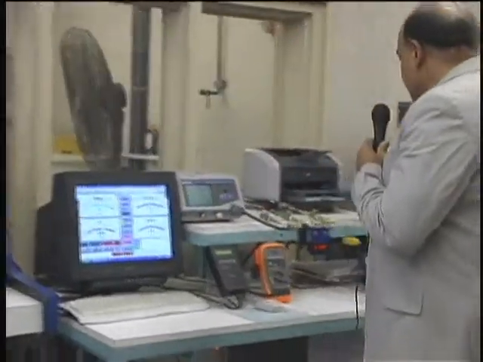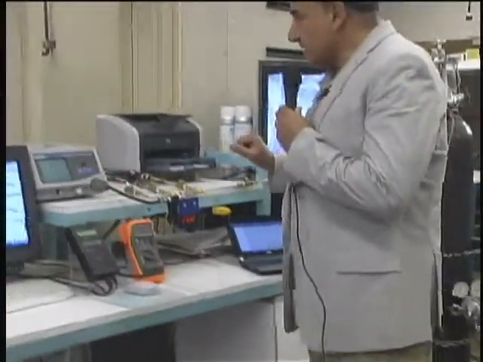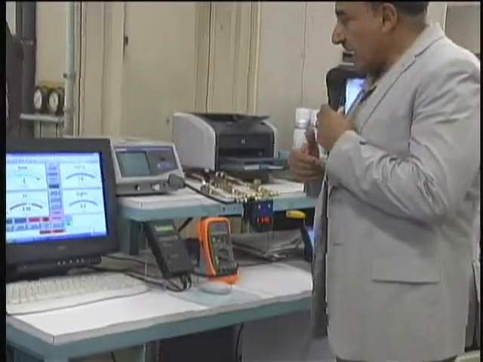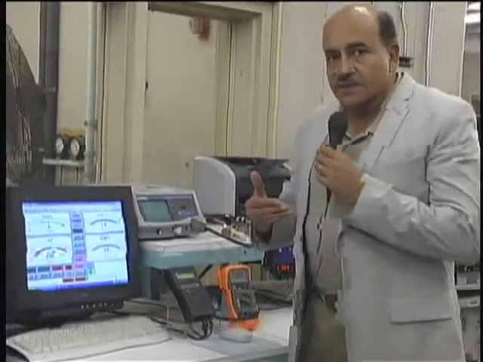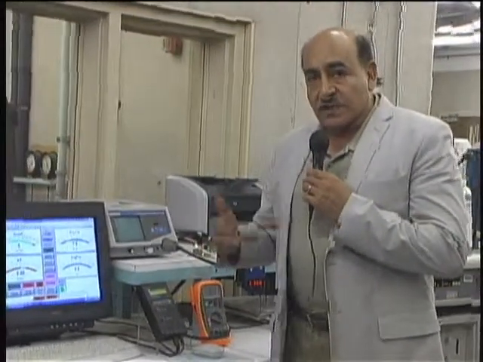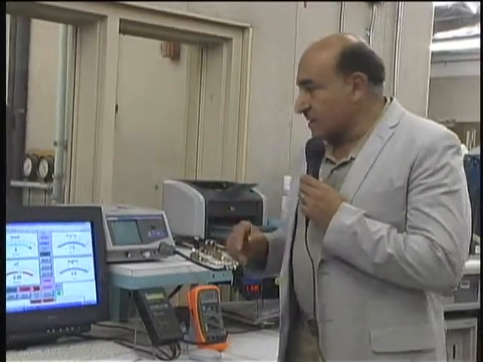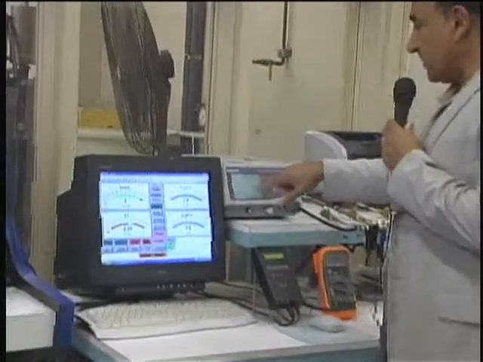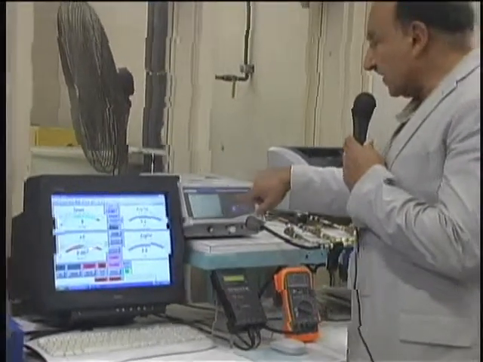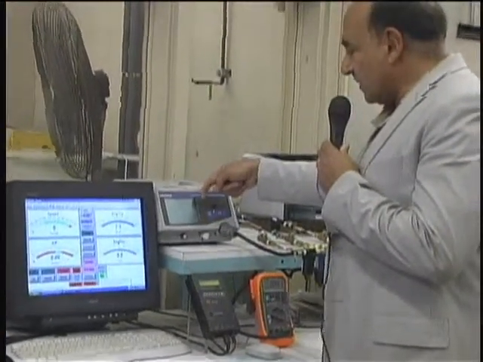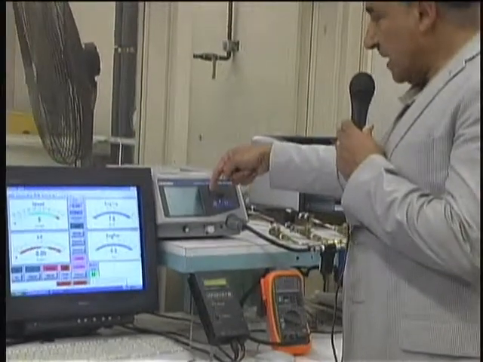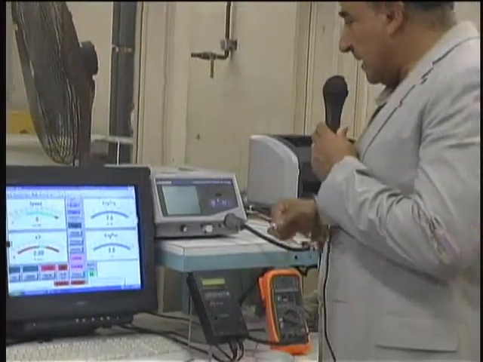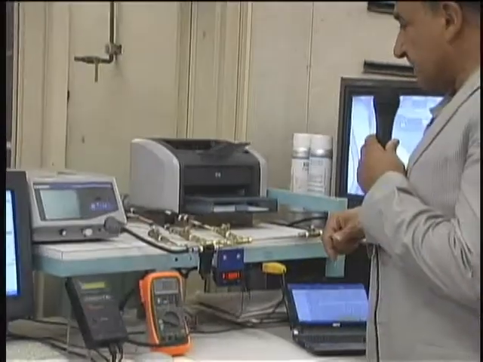And then this side that you will see is to analyze the performance of the catalytic converter and how we control the emissions. We have a Horiba system, and the Horiba gives you information on the parts per million of CO, hydrocarbon, CO2, and oxygen.